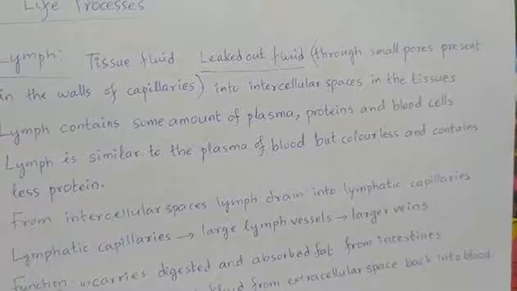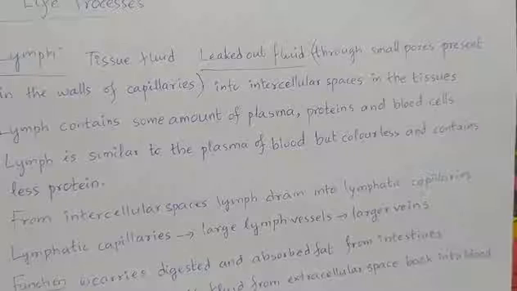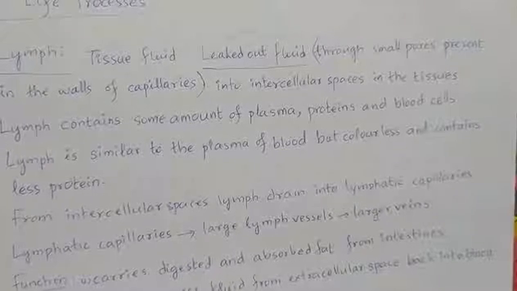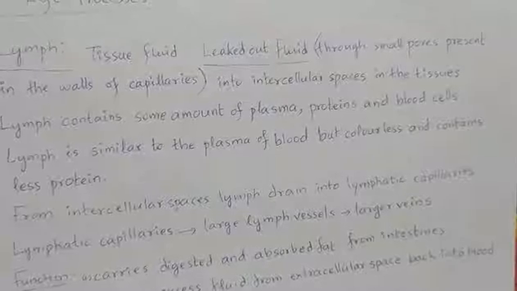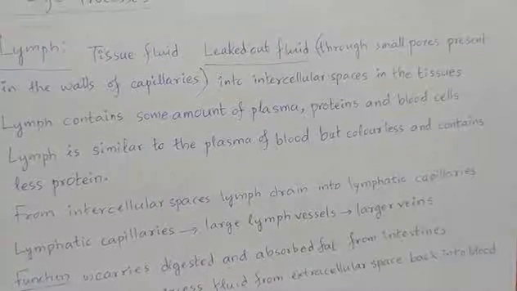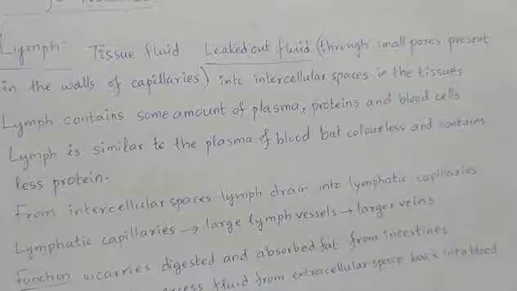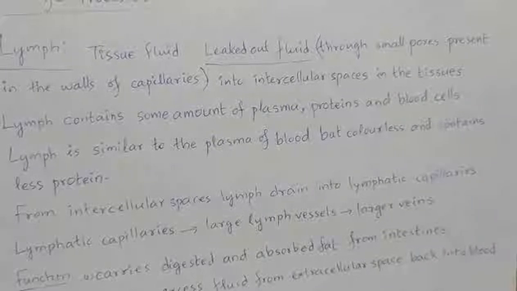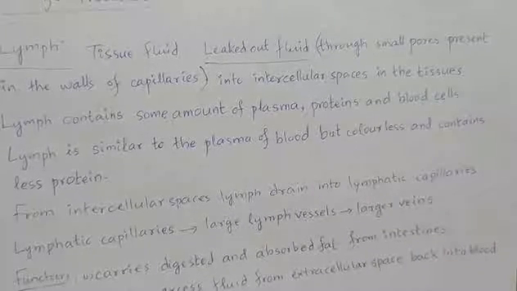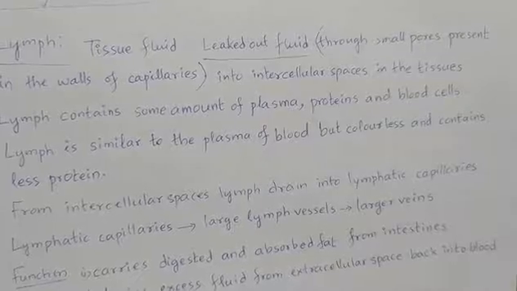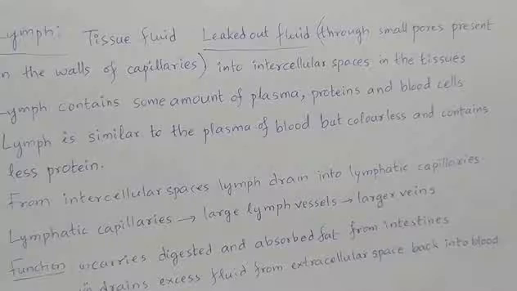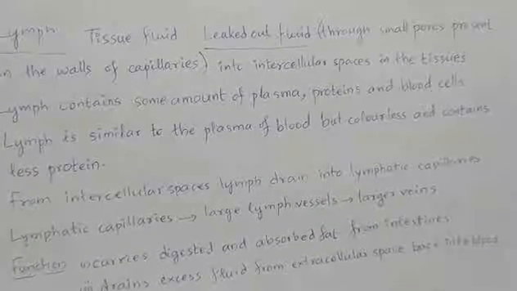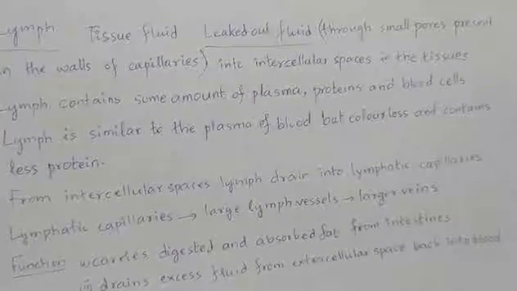Capillaries themselves are the smallest blood vessels, with one cell thickness. Even though they have only one cell thickness, minute pores are present in their walls, and some amount of fluid leaks out through these pores into the intercellular spaces in the tissues, and this fluid is known as lymph.